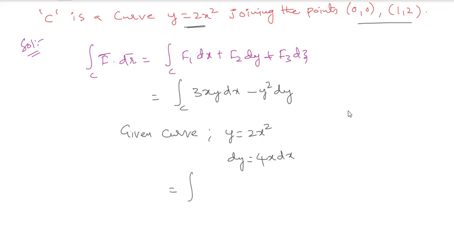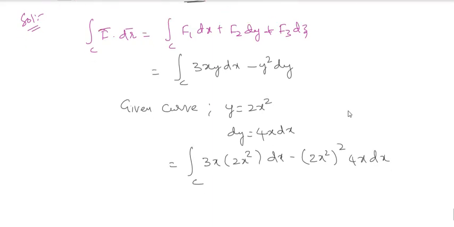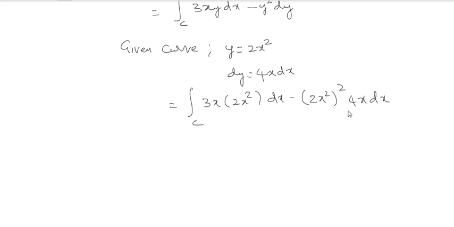So integral over C of 3x, y will be 2x square, into dx. I'm just converting everything into the form of one variable. Next, y square will be (2x square) whole square, into dy which is 4x dx. So everything happens with respect to x, and the given points are (0, 0) and (1, 2), so x varies from 0 to 1.